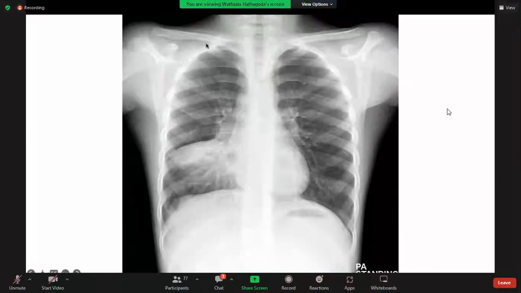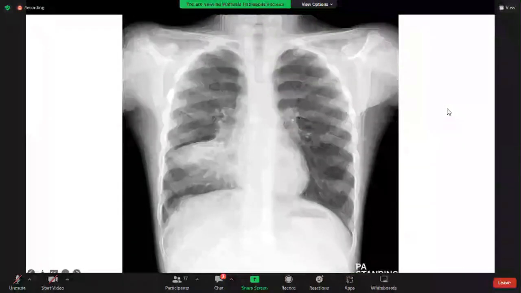Tell me, what do you see here? Here some peribronchial thickening is there, but you can't see homogeneous opacification on the left side. But what about the right side?